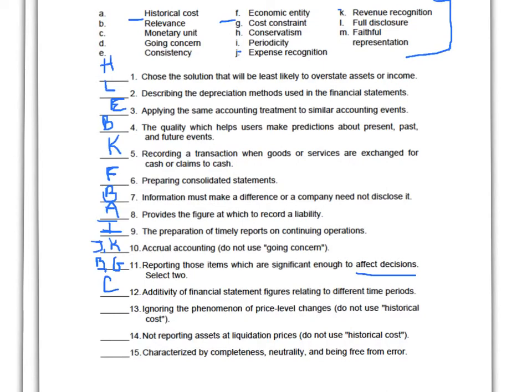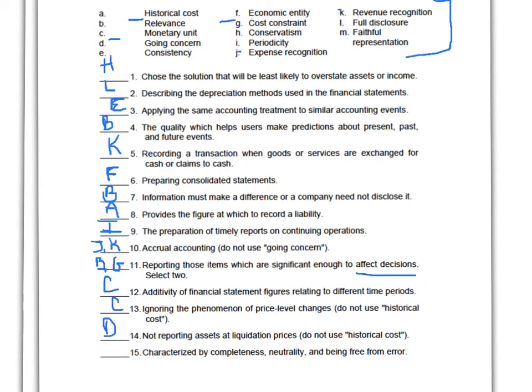What we're really talking about here, again, is this monetary unit. Number 14 is not reporting assets at liquidation costs. That's because we assume that we're going to go on into the future, and as a general rule, we start with historical cost, not how much we can sell it for. And so, going concern, D is the right answer there.